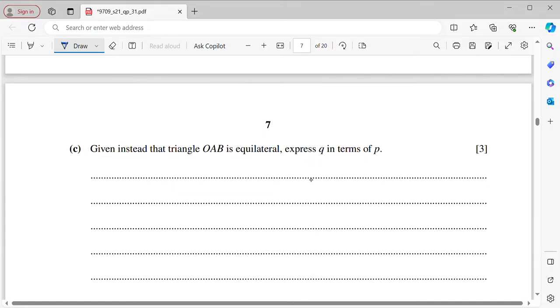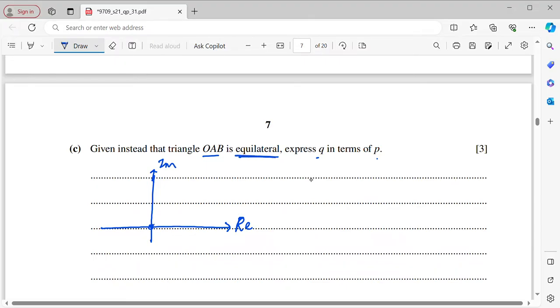Now, part C, given instead that the triangle OAB is equilateral. Express q in terms of p. So now let's say for example, I draw the diagram. Okay, say this is the Argand diagram. This is the real axis. This is the imaginary axis. OAB is equilateral.